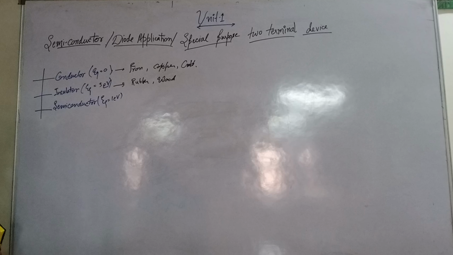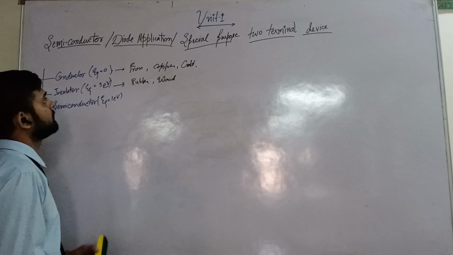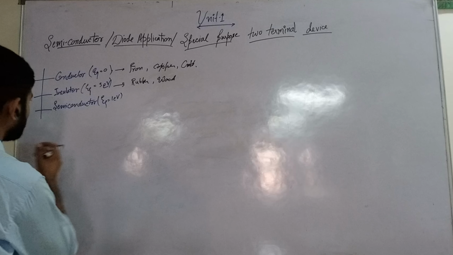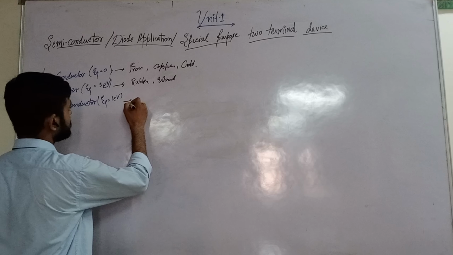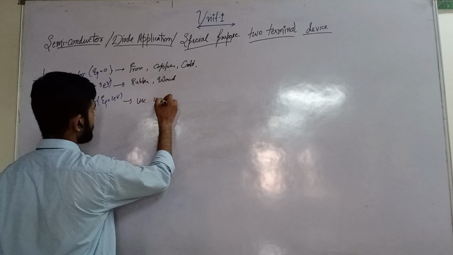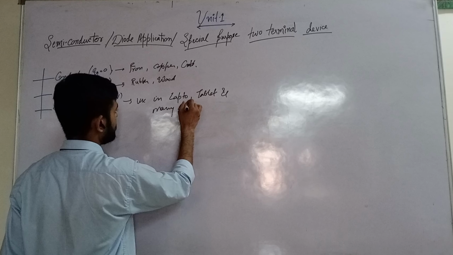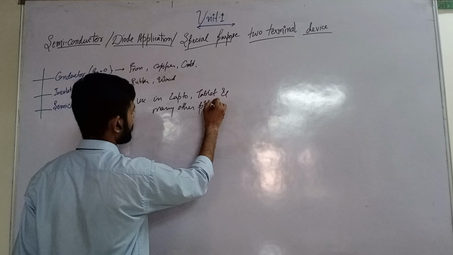Now the second one is the semiconductor. This is the most important in electronics, because semiconductors are used in laptops, tablets and many other places.